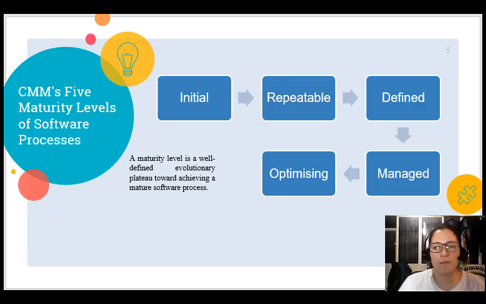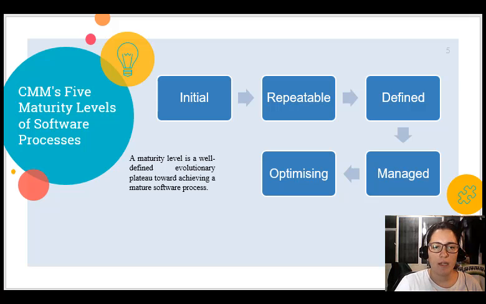CMM five maturity levels of software process. The five maturity levels define a scale for measuring the maturity of an organization's software process and for evaluating the capability of this process. They also help an organization prioritize its improvement efforts.